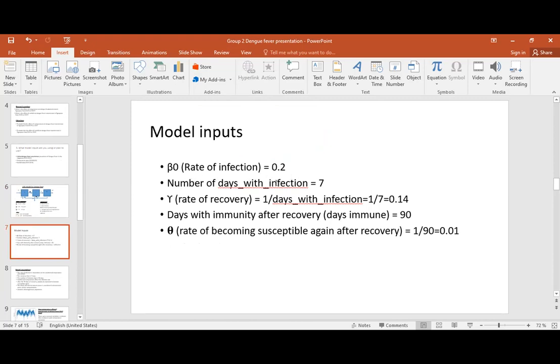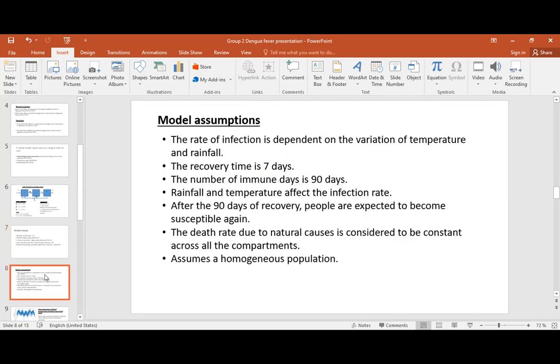Number of days with infection, we consider it as 7. Rate of recovery, we consider it as 1/7, which is 0.14. Days with immunity after recovery, considered as 90. And theta, the rate of becoming susceptible again after recovery, considered as 1/90, which is 0.01.